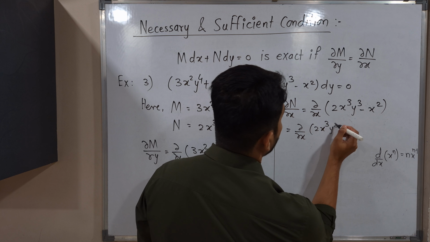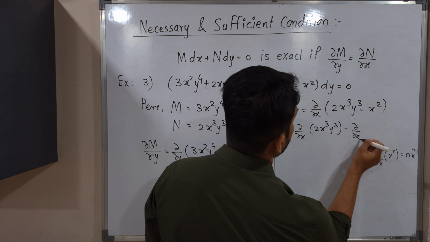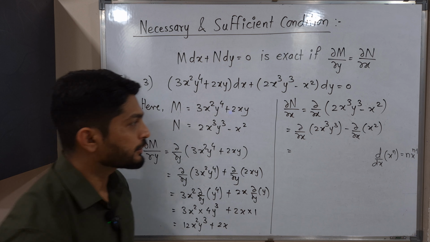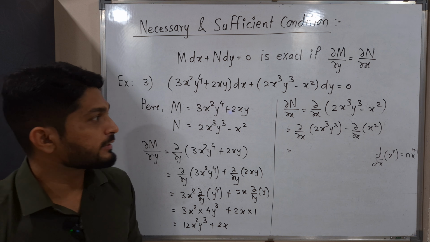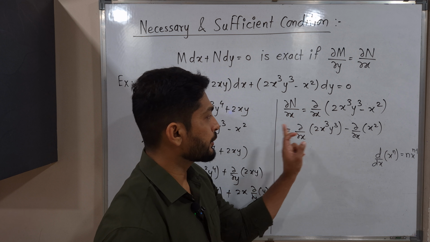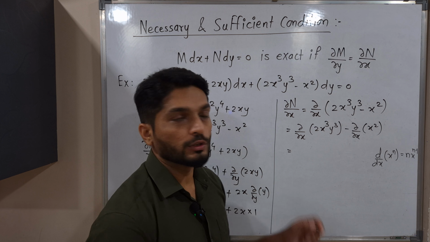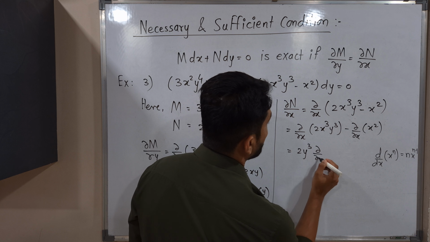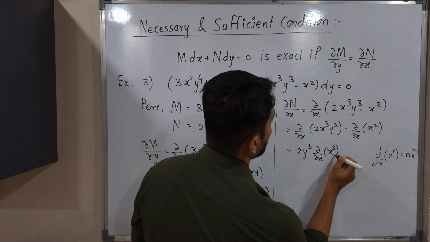See, we are differentiating with respect to x, that means y is constant. 2 is a constant, you can take it outside. Y cube is also constant, you can take it outside. So 2y cube, derivative of x cube, right?